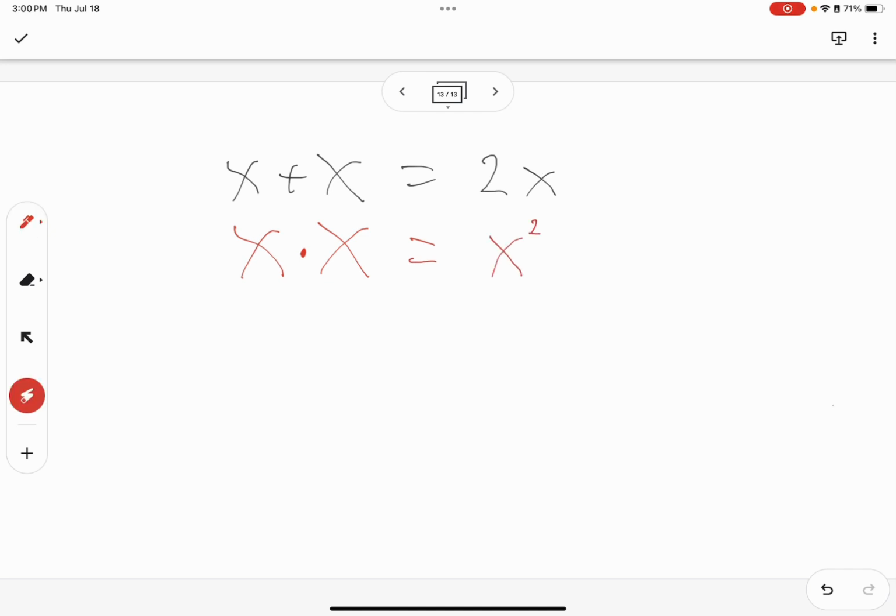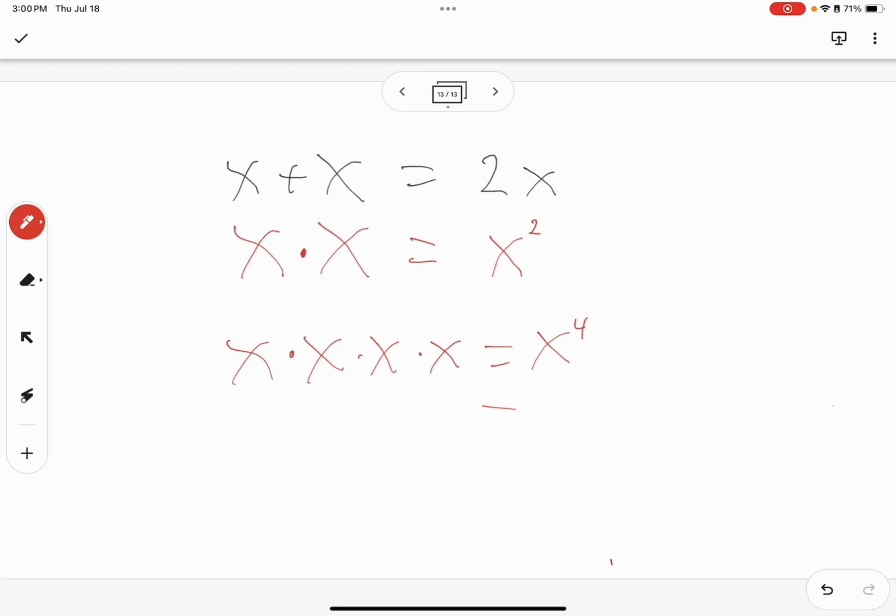So that's what this exponent means, is that we're multiplying x by itself 2 times. Same thing, if we have x times x times x times x, we've got 4 x's that are being multiplied together. That would make it x to the 4th power.